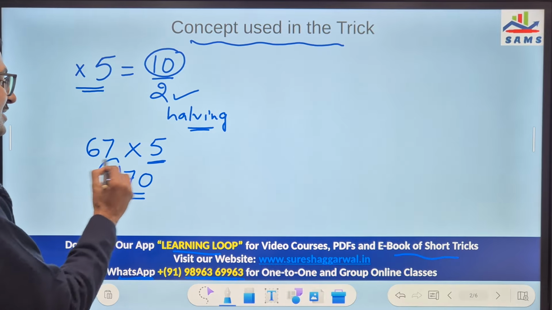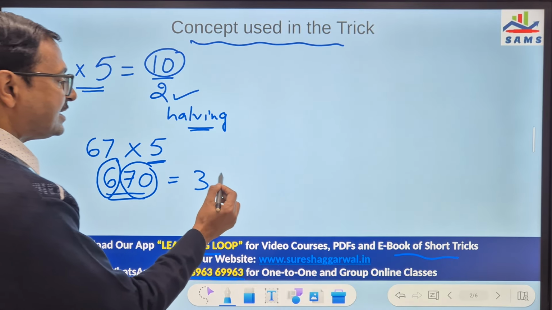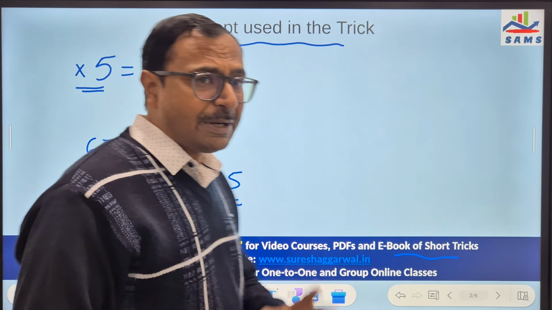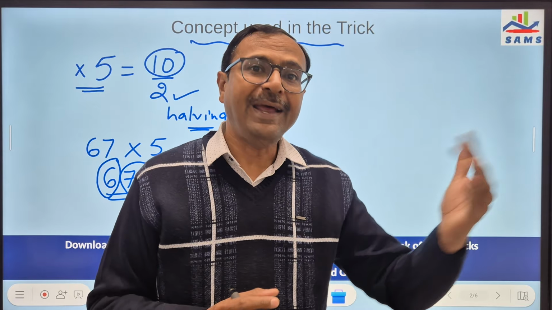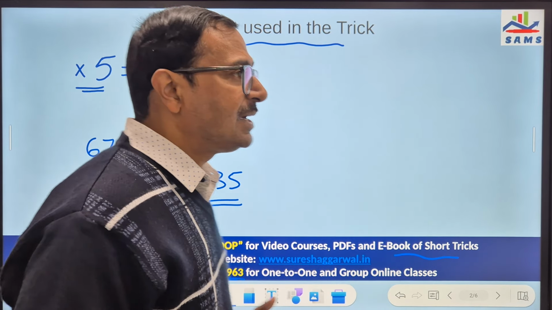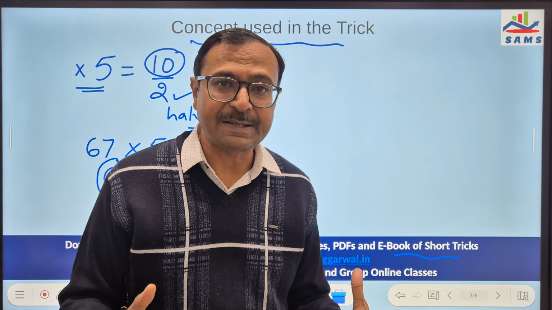Because the half of 600 is 300 and half of 70 is 35, and there you go, you have the answer. So multiplication by 5 is actually multiplication by 10 and then halving the number. Likewise, breaking a number into its factors helps a great deal sometimes.